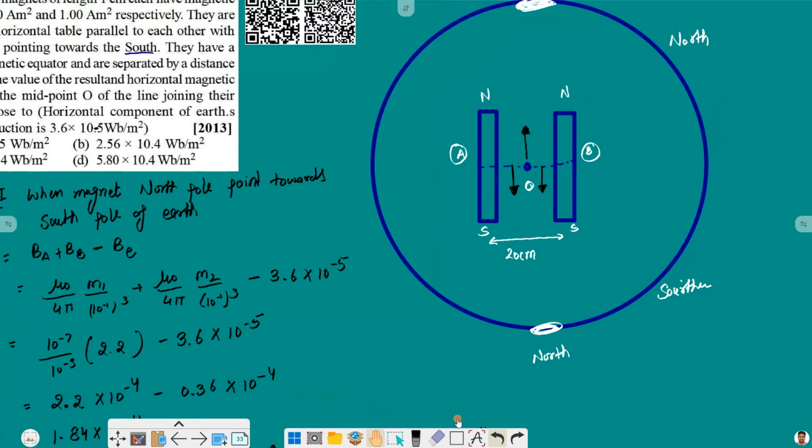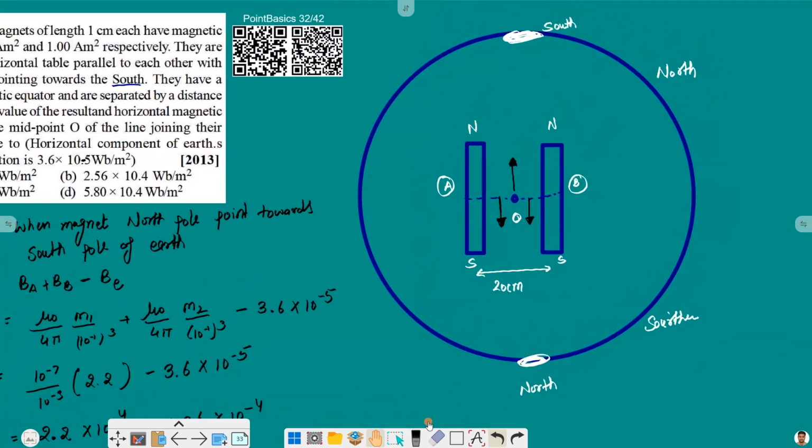In this case, the poles will orient for the magnets, and the direction of their field will also orient. Now this is the north pole, as they are pointing toward the southern hemisphere for both of the magnets: north, north, south, south. And again point O is in their equatorial plane, which means now their field will be something like this due to both of the magnets.